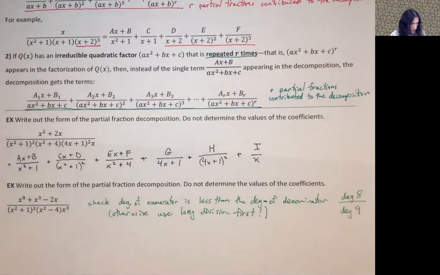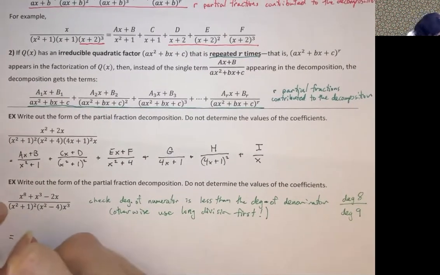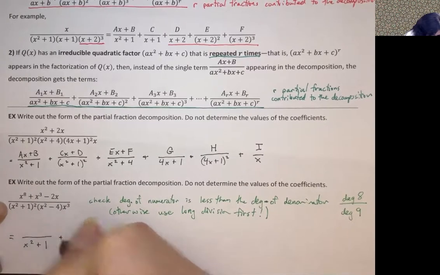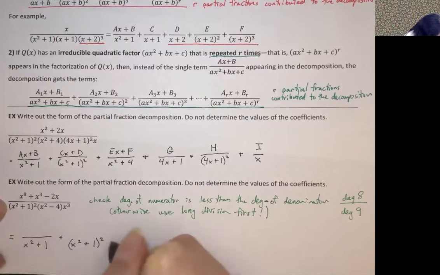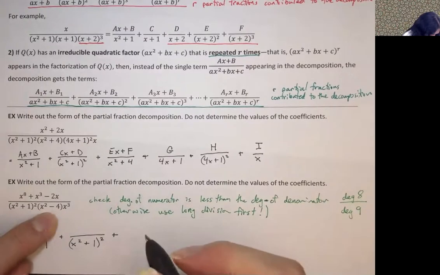Okay. All right, so let's write out this quickly. So I'm going to have this irreducible quadratic x squared plus 1 for my first, and then I'll need to repeat it because it's repeated twice in my factorization as a power 2 there for another, and then I'll need this guy right here.